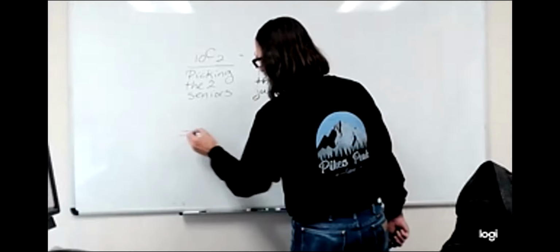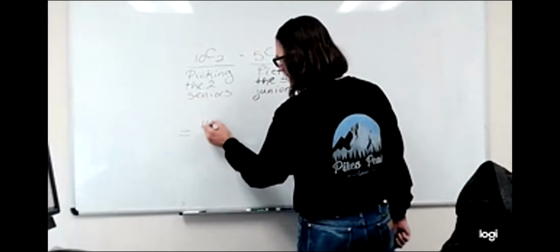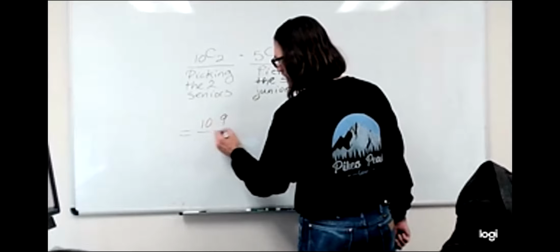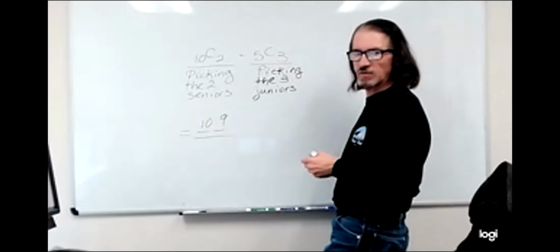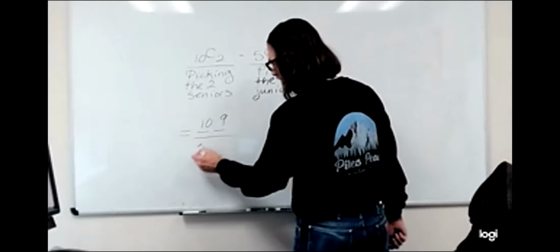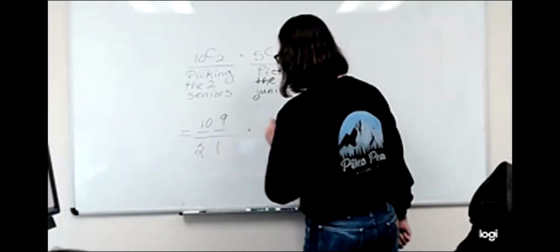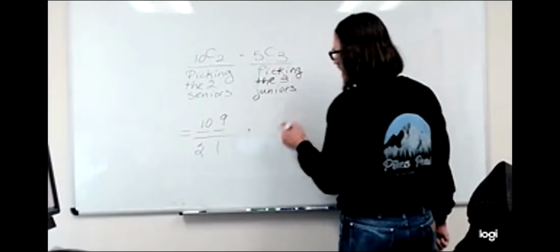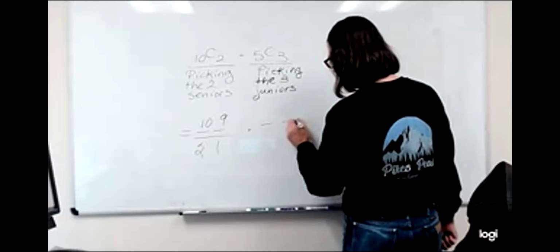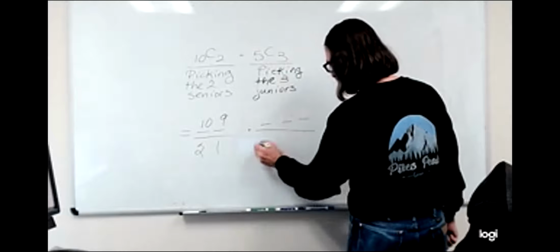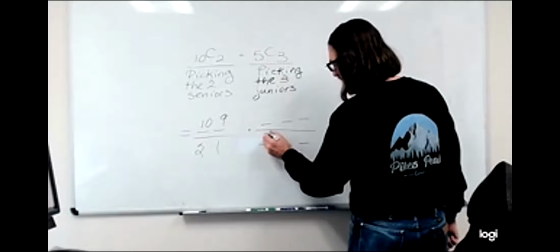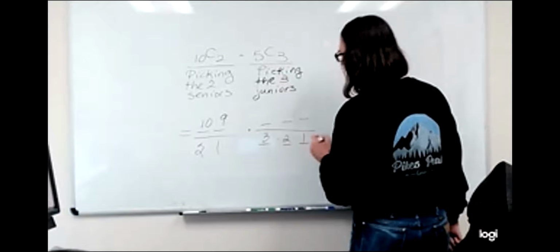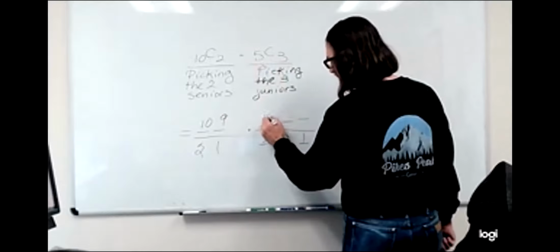So by hand, I would have 10P2, which is just going to have 2 dashes. Divide out the ordering by 2 factorial. Here I'll have 3 dashes. Divide out the ordering of 3 times 2 times 1. Start with 5 here.